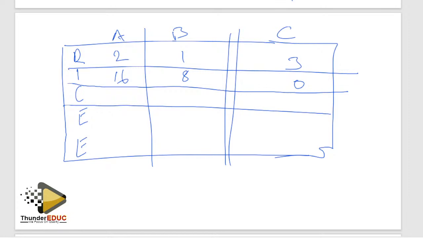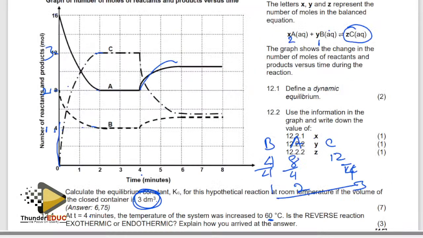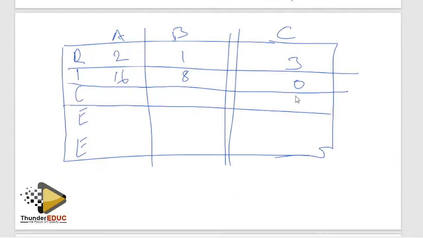How will I find the change? For C, it is 12. Definitely, if C is 12 at equilibrium, that's what is produced.